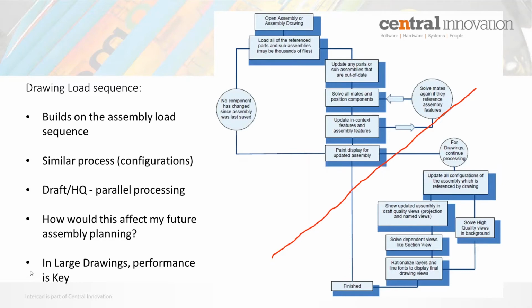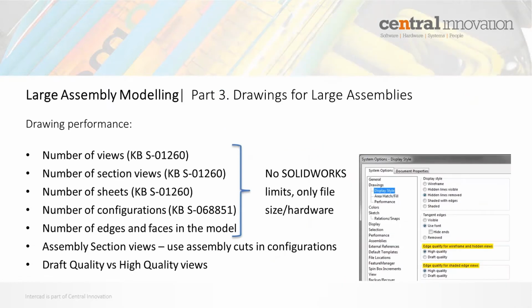So then, what are some of the drawing specific factors that affect performance on the drawing sheet? Just wait for that to refresh. Okay, so these things are quite obvious.